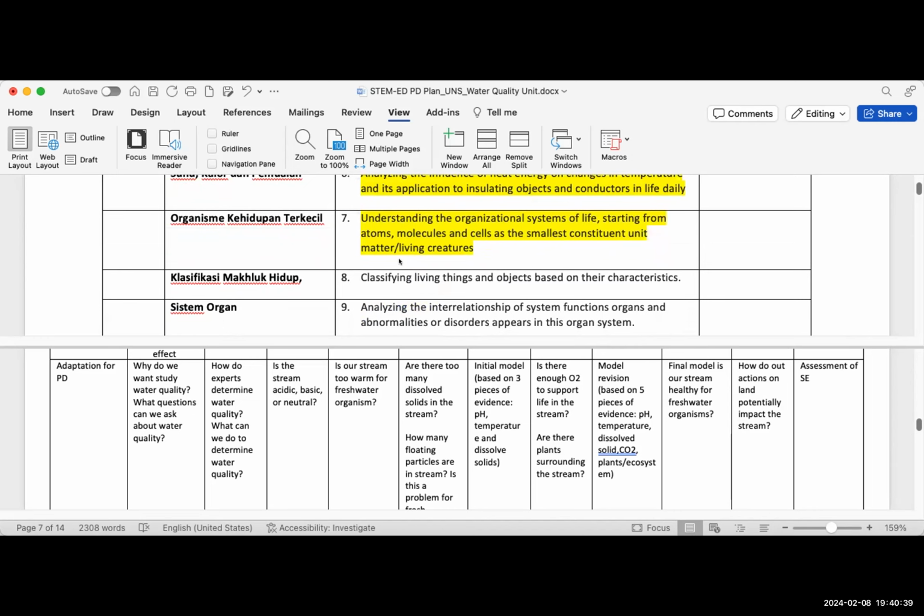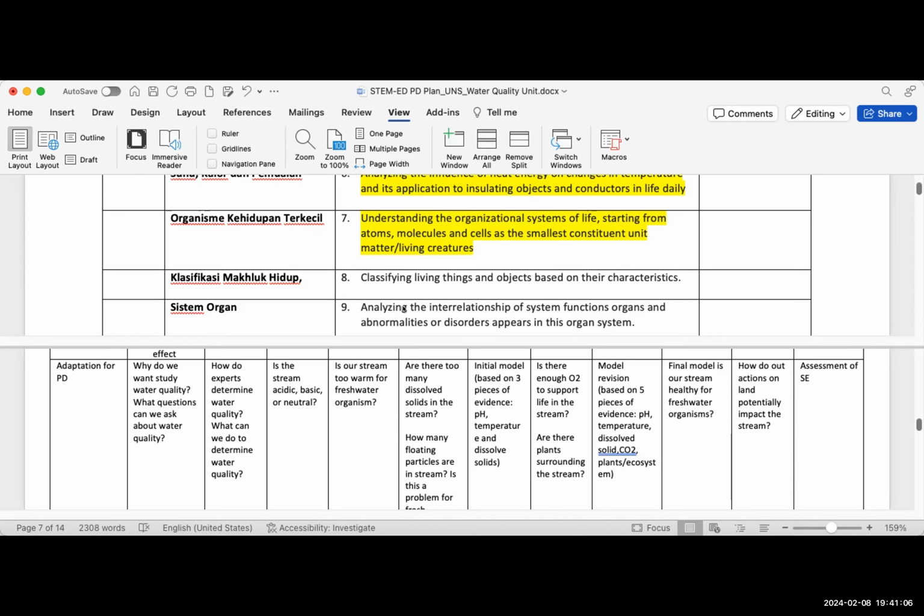So grade 9 means that some of them will have already learned about pH, temperature, and some about compounds and mixed compounds. So I think for those kinds of schools, it should be easy for them to know about how experts determine water quality.